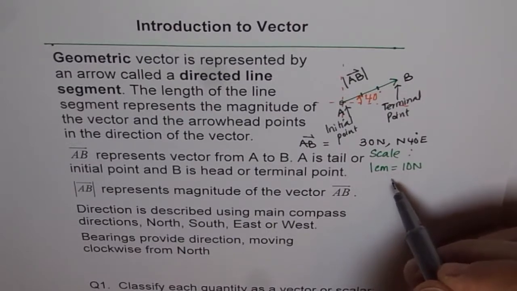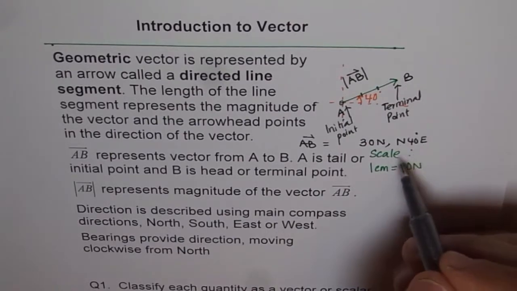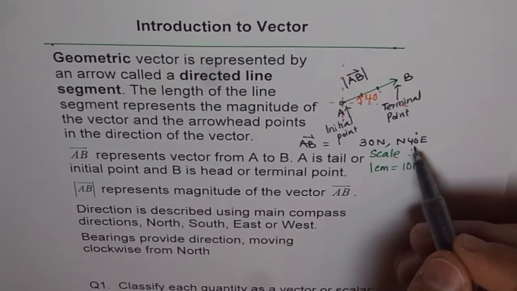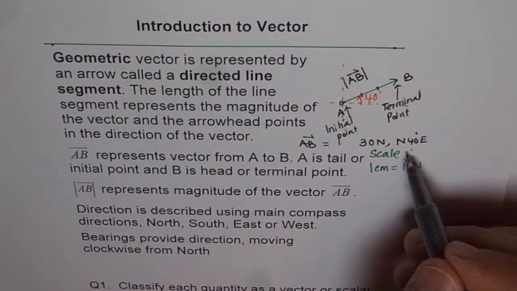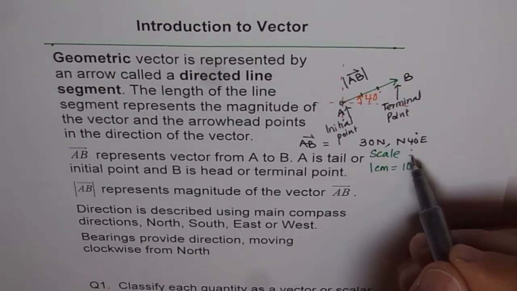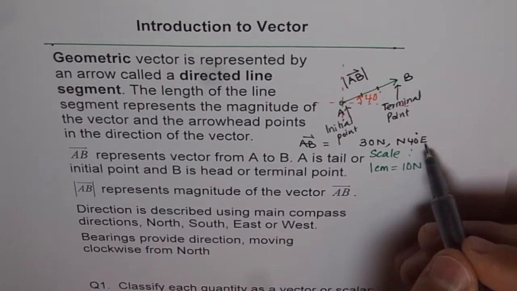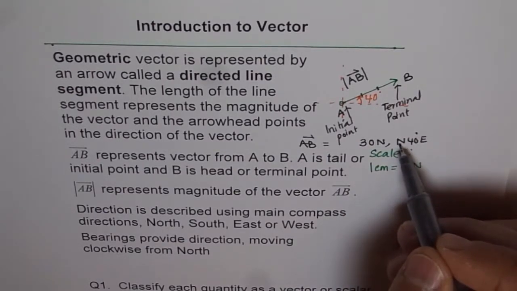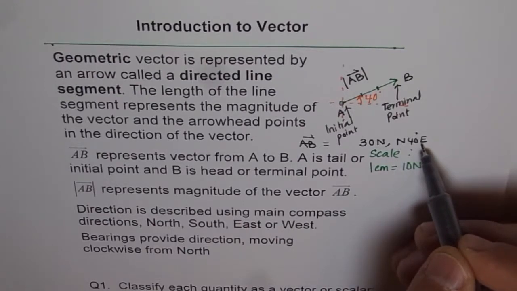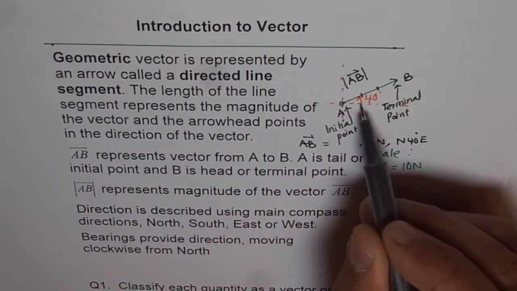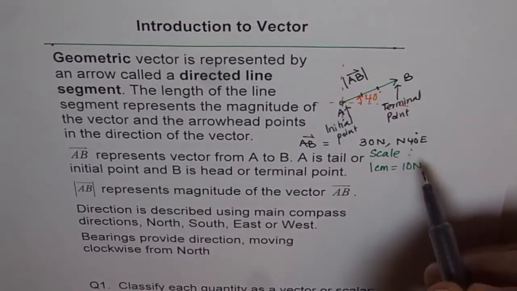So that's my scale. And this is the angle, and we'll get into the definition of how to provide the angle for a vector. For the moment, it means how many degrees from east. So it is in the direction north, 40 degrees of east, right? That is how we show it.